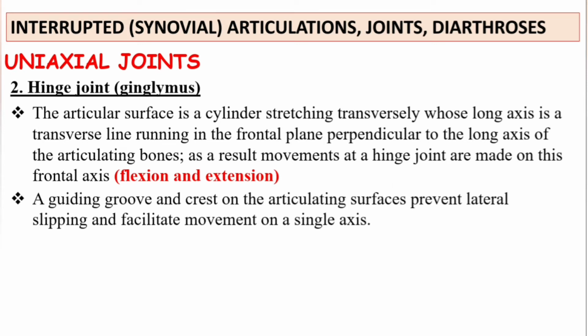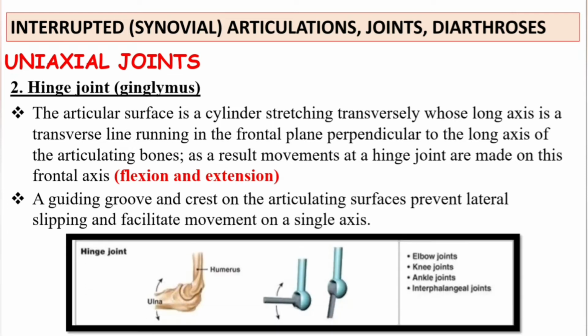A guiding groove and crest on the articulating surfaces prevent lateral slipping and facilitate the movement on a single axis. You can see it here in the humeroulnar joint. It's also found in interphalangeal joints, the knee joint, the ankle joint, and the elbow joint, particularly the humeroulnar joint.